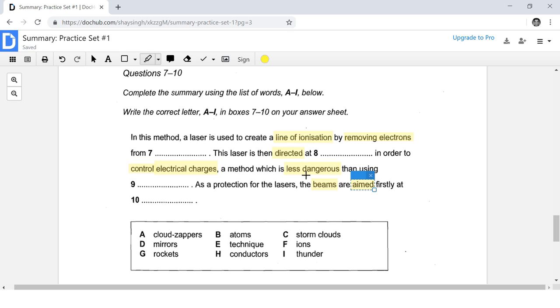So the reason that I've started by marking the keywords in the question and not by marking the keywords in the answer choices is because we don't have any proper nouns or numbers down here. So typically, if you have a lot of answer choices, for example, here I only have 4 questions, but I have 9 different answer choices.